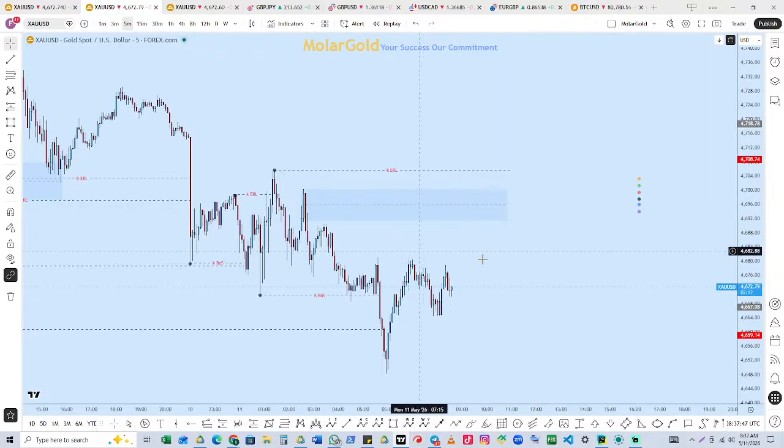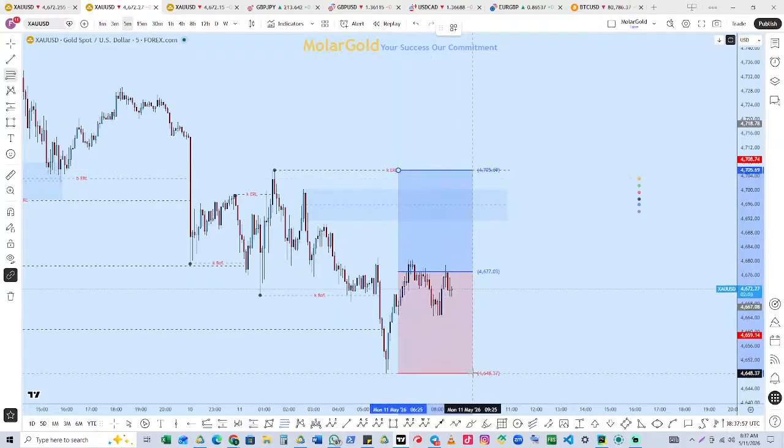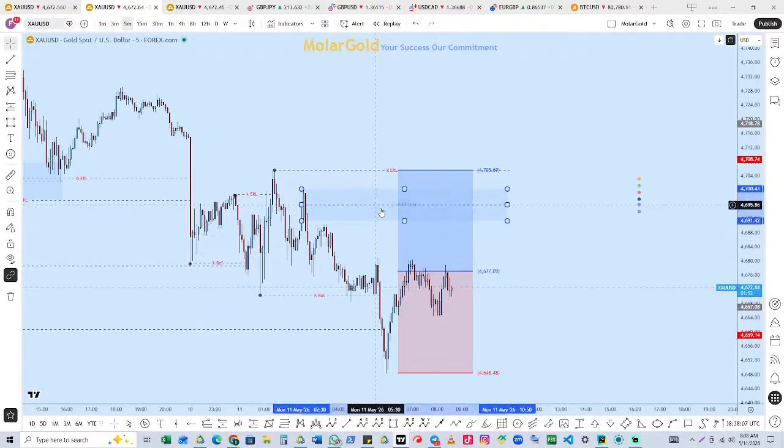Second area that I can sell, I just showed you. The second area that I can sell is probably anywhere above this high inside this blue territory.